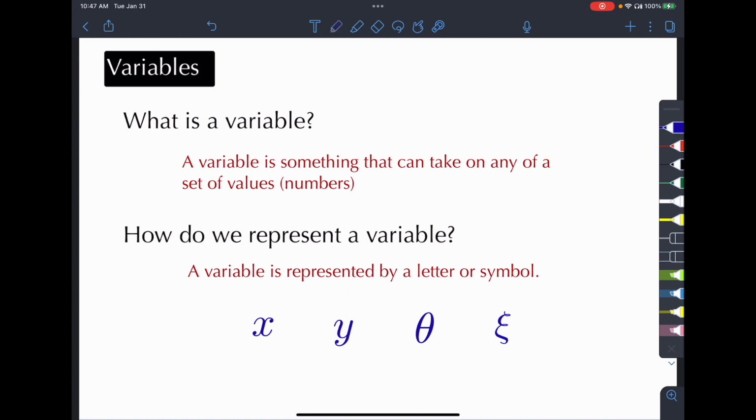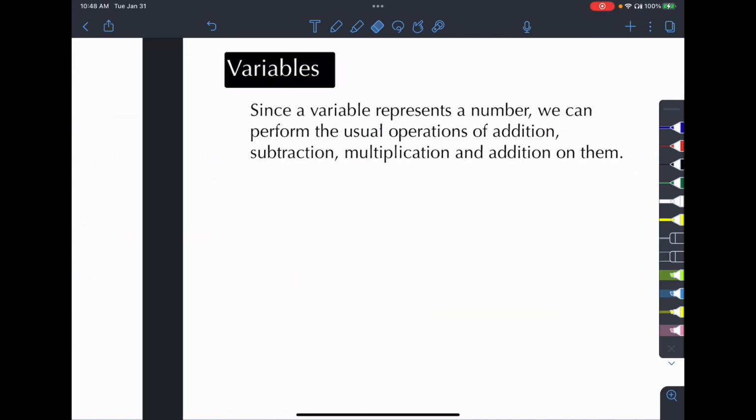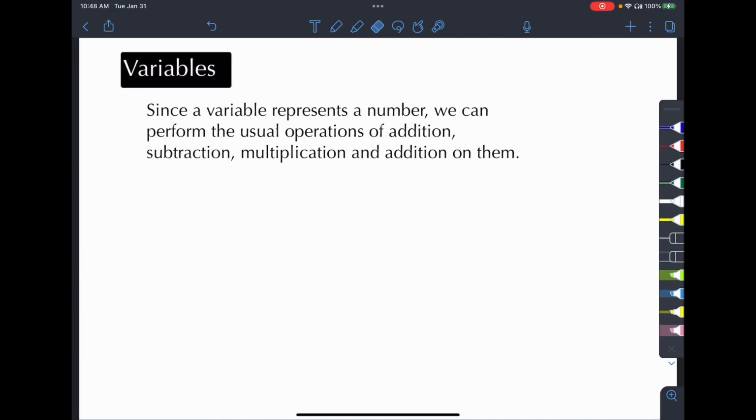It's better than having maybe a picture of a fish. I don't know, but you could use a fish. That's a horrible picture of a fish. But sure, you could let a fish represent a variable if you wanted to. So a variable can take on any value in a set of values, and we represent it with a symbol.